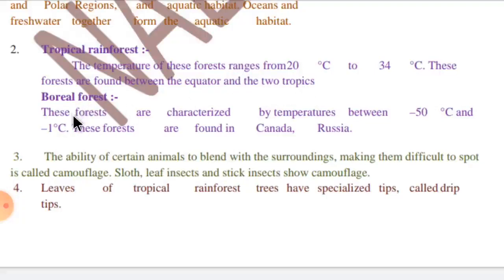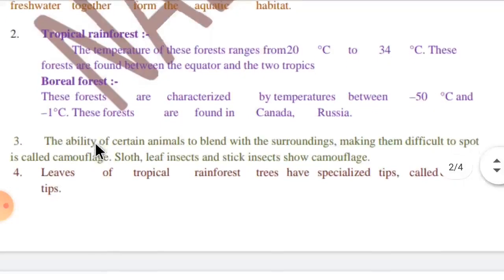Boreal forest. These forests are characterized by temperatures between minus 50 degrees Celsius and minus 1 degree Celsius. These forests are found in Canada and Russia. So these are the differences between the tropical and boreal forest.